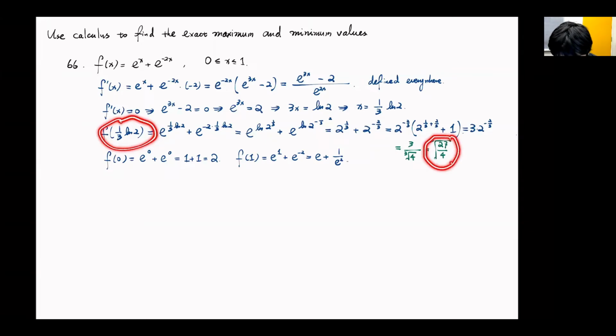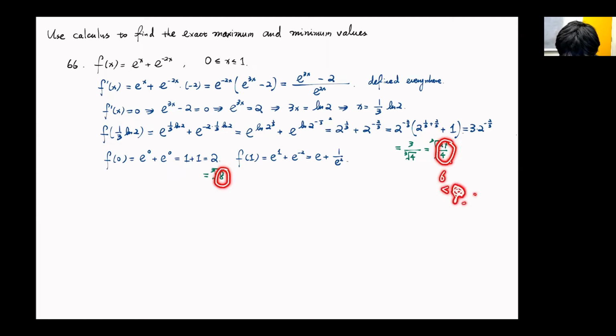I need to compare this guy with, let's say, 2 over here. If you write 2 as a cube root of something, that will be cube root of 8. Obviously, 27 divided by 4 is much smaller than 8. 27 divided by 4 is a little bit larger than 6, but smaller than 7. That's how we can tell that this number is less than 2.